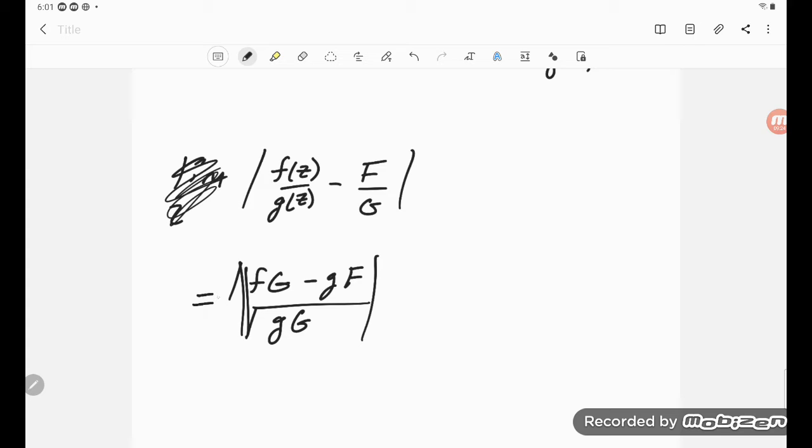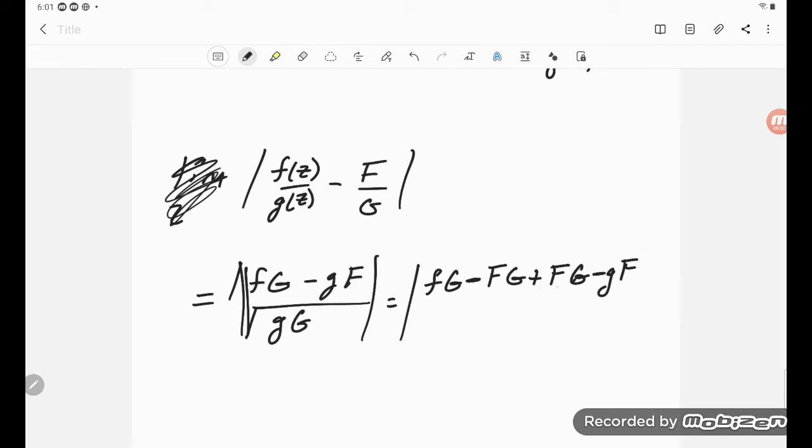Okay, so I could do that, and then I can introduce f big G and then minus f big G and plus f big G and then minus little gf.